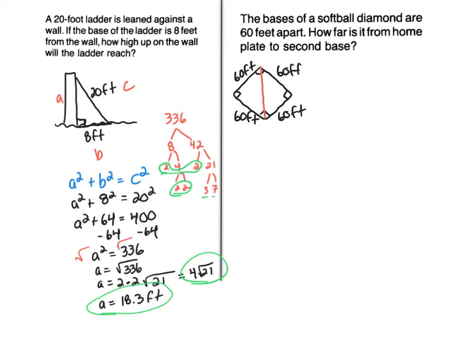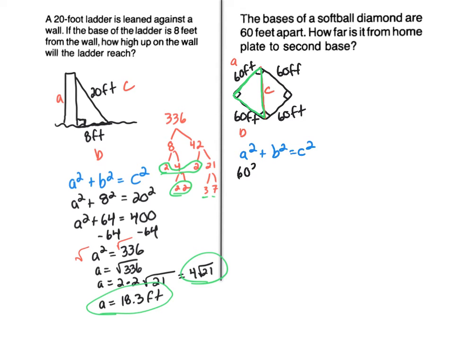Okay, when I'm calculating, if I take a look at one side of that softball diamond, I have a right triangle. In my right triangle, this is my side A, side B, and side C is across from that right angle. So I'm going to use my Pythagorean theorem, A squared plus B squared is equal to C squared, and calculate the distance from home plate to second base.